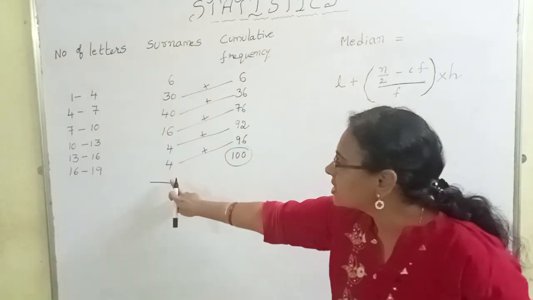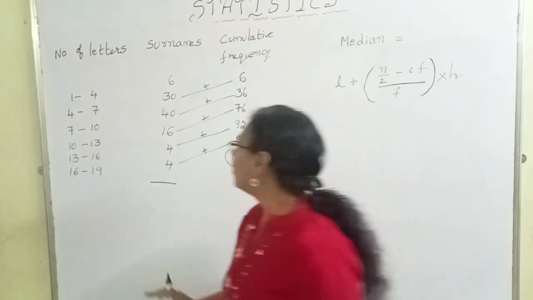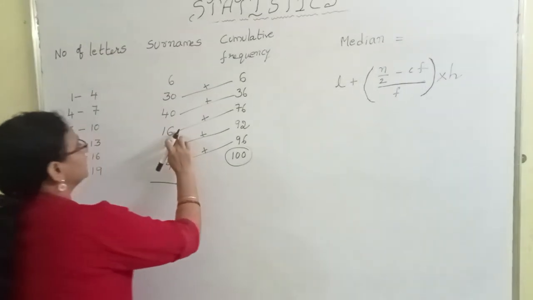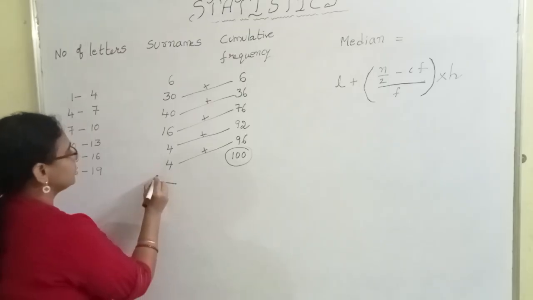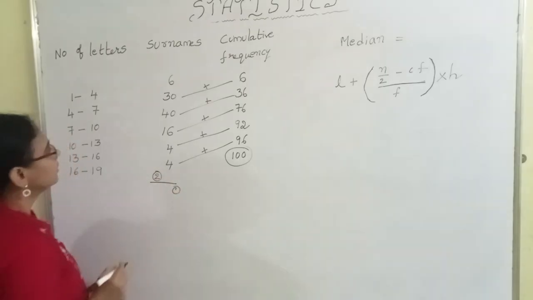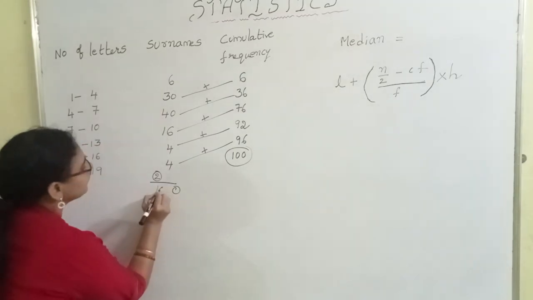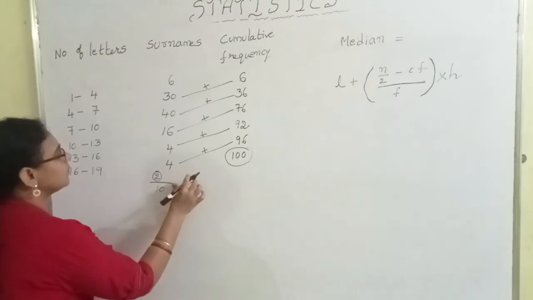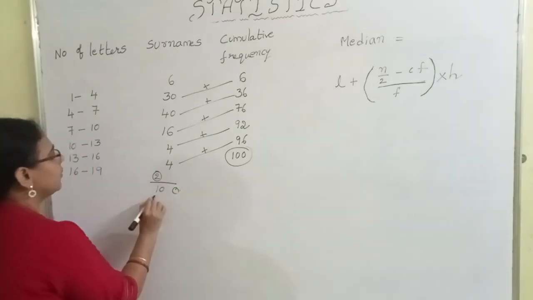The sum of all the frequencies also has to be the same number. So 6 plus 4, 10. 10 plus 10, 20. 3 plus 4, 7. 8 plus 2, 10. 100. Yes, we got the equal answer. Here we got 100, and the last number is also 100.